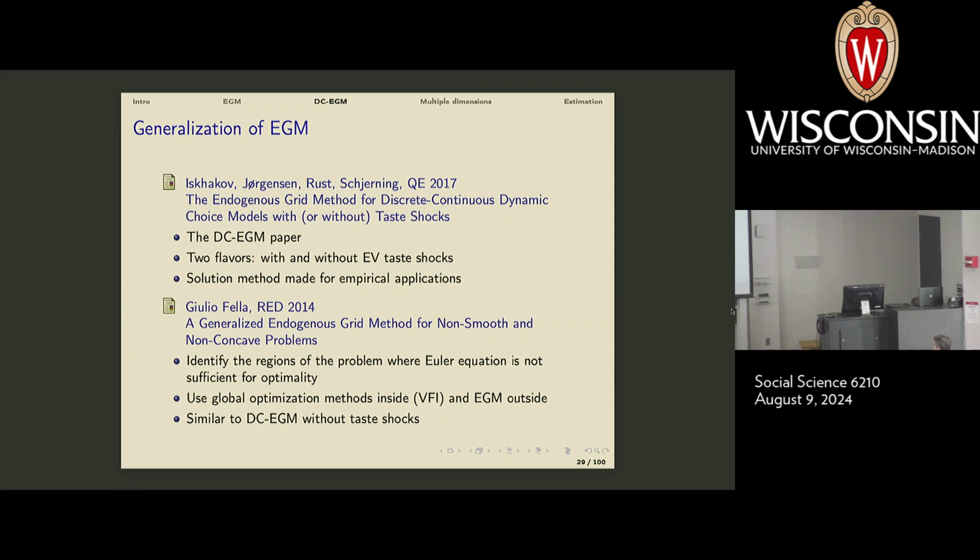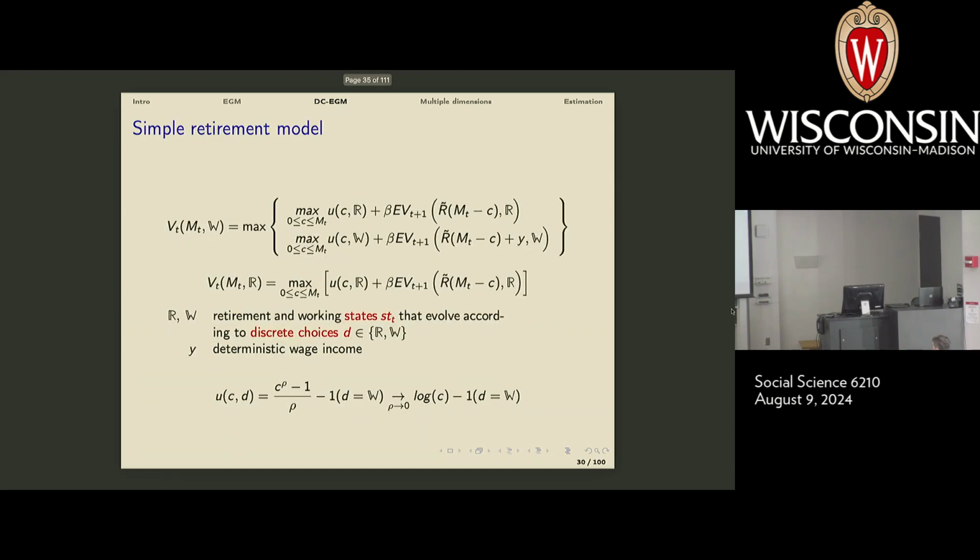The idea in the preceding paper, in Giulio Fella's paper, is to identify the regions of the problem where the Euler equation is not sufficient for optimality, and then apply traditional solution methods in those regions. And this is similar to what we're doing without the taste shocks, and that's that nasty case.